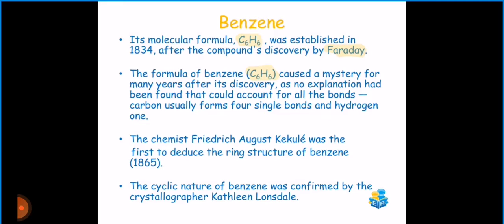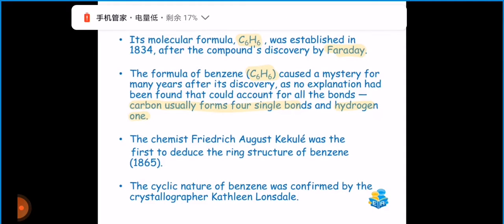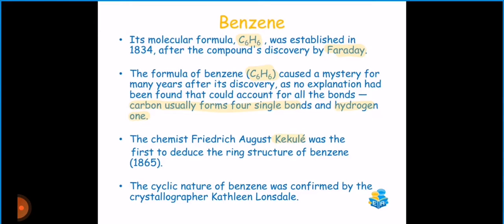We know that carbon usually has 4 bonds and hydrogen usually has 1. It wasn't until 1856 when a chemist called Kekule deduced the ring structure of benzene, and the cyclic nature of benzene was confirmed by a crystallographer called Kathleen Lonsdale, and she's actually Irish.